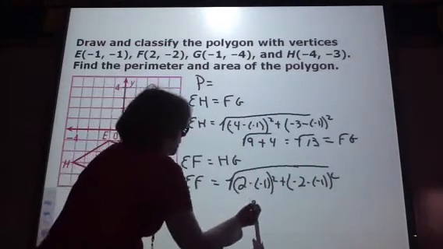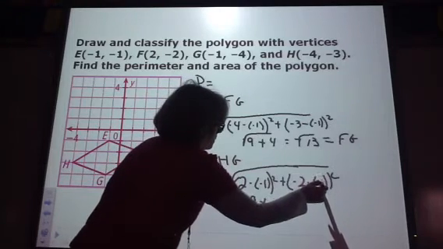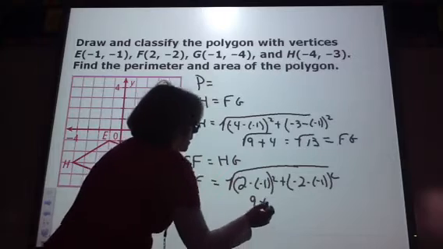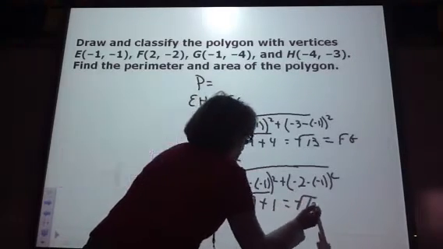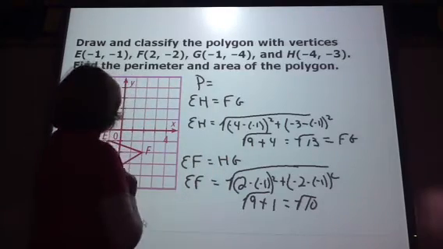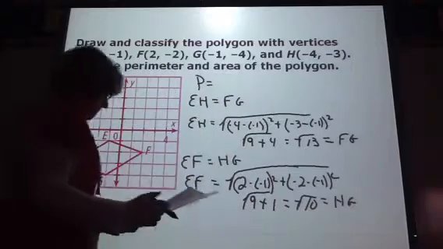Okay, so I have 9 plus 1 squared. So I have the square root of 10. So EF is the same as HG.